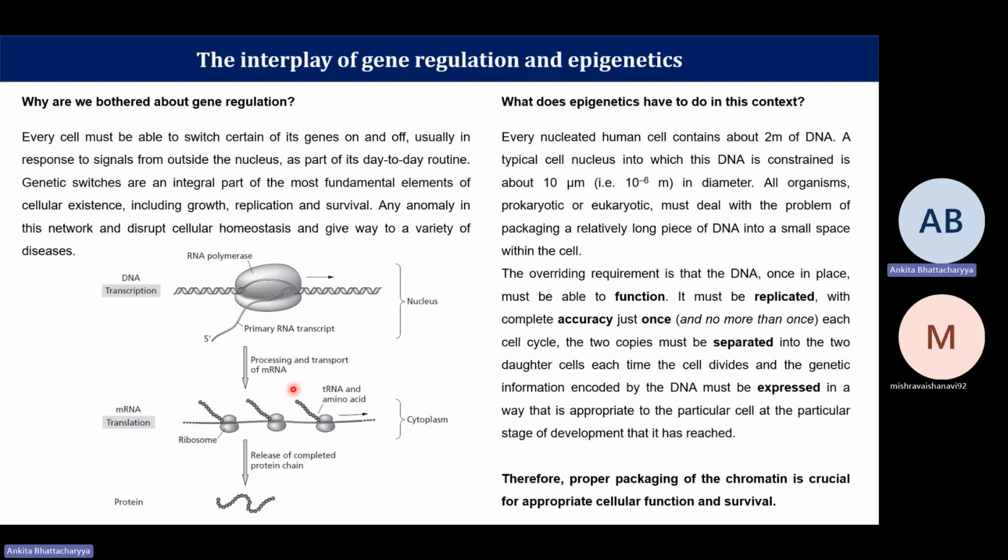And following that, it should be properly transported from the interior of the nucleus to the cytoplasm for translation to actually take place. So just synthesis of the RNA is not enough, but gene regulation is also controlled at this step. And of course, here also a large number of proteins coordinate with each other to make it possible.